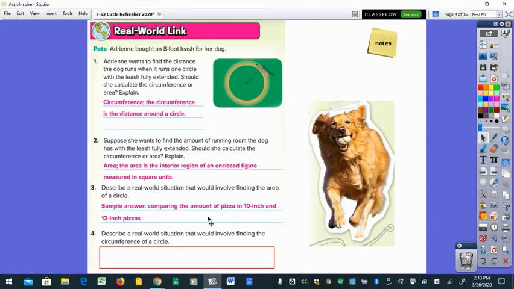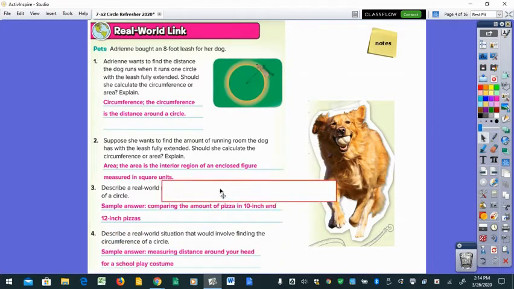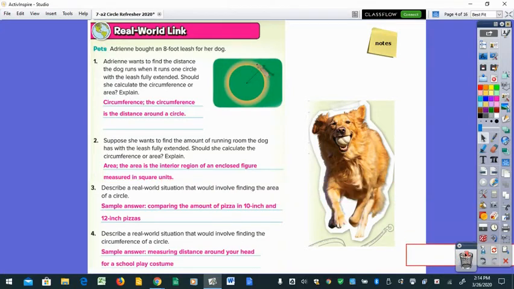You would want to calculate the area of both and compare them. Now, what would be an example of the circumference in the real world? Well, if you were buying a hat and needed to measure your head, you'd take a tape measure like we used a couple weeks ago, and you'd put it around your head, and you would be measuring the circumference or the perimeter of your head.